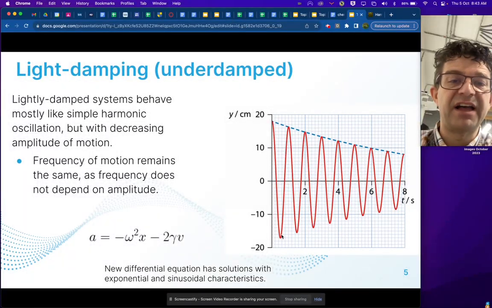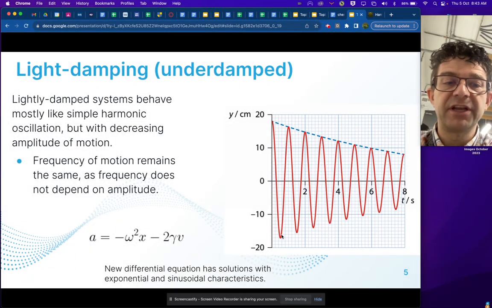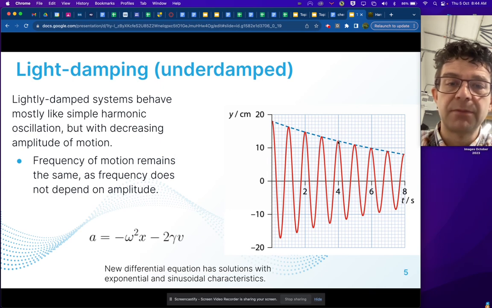First for graph 5. When we look at graph 5, in order to find the value of Q, we're going to need a value for the amount of energy that's in the system at some point and an amount of energy that's lost in one cycle. We're going to get that information from the maximum amplitude.